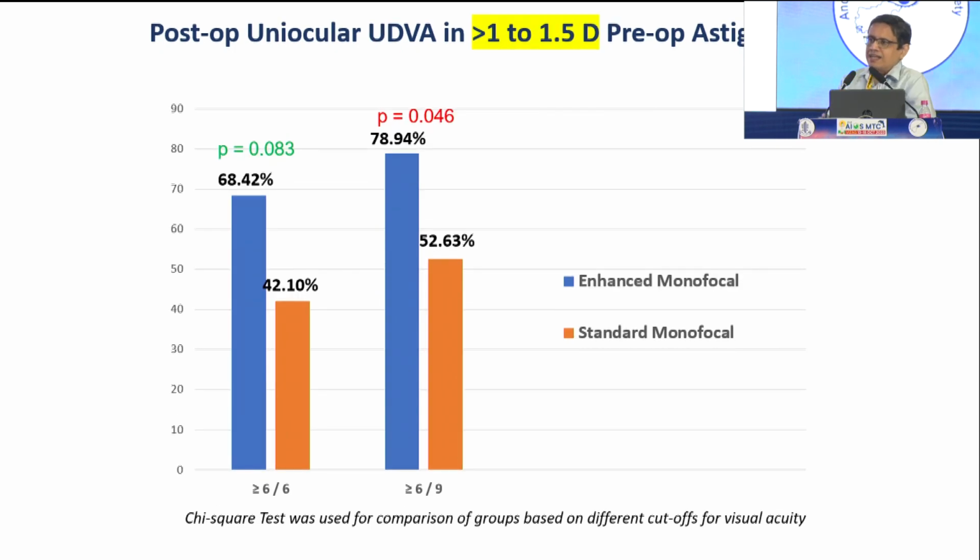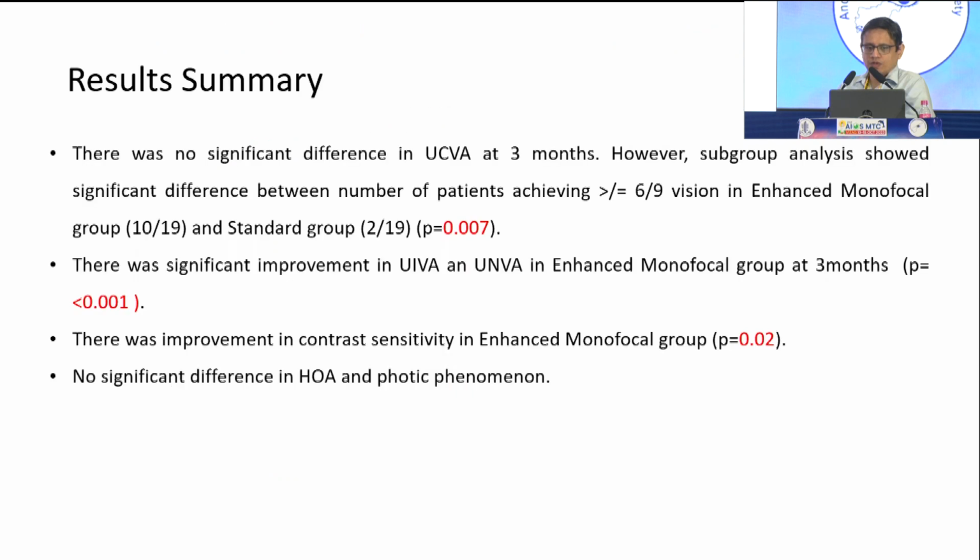In the higher astigmatism group, the results became almost similar in both groups, where only 70% of patients had 6/6 or better vision, as compared to 42% in the standard monofocal group.